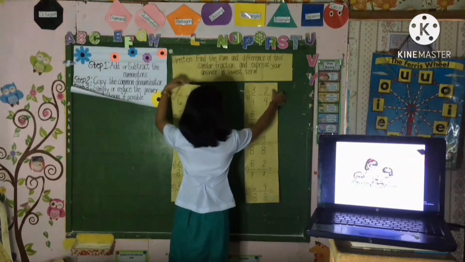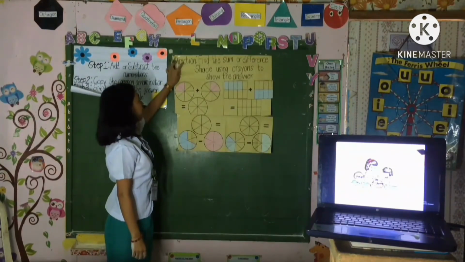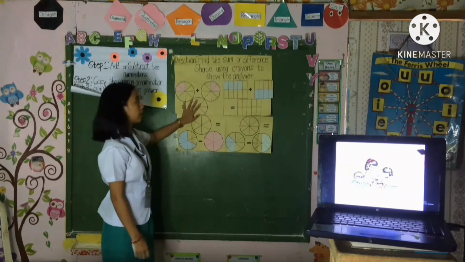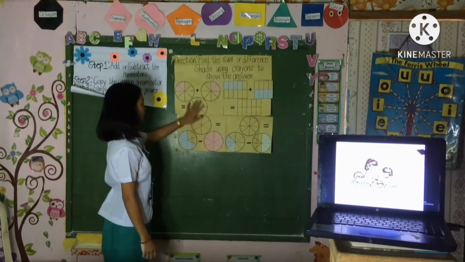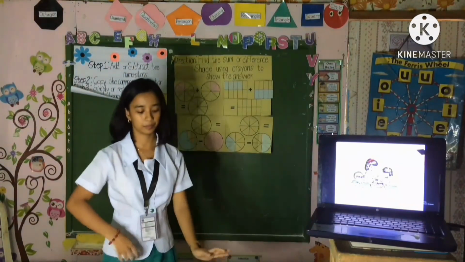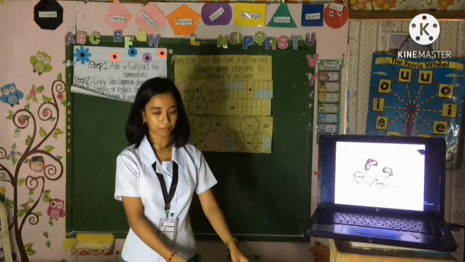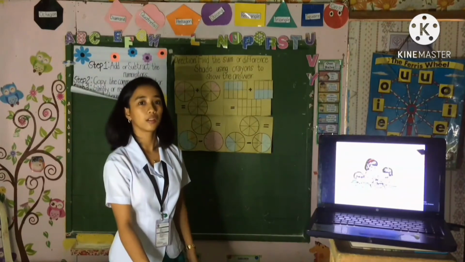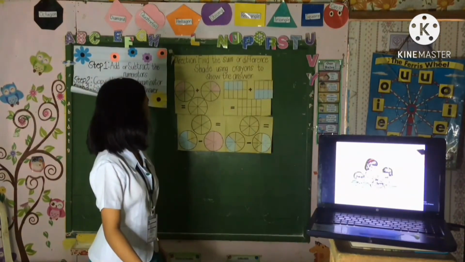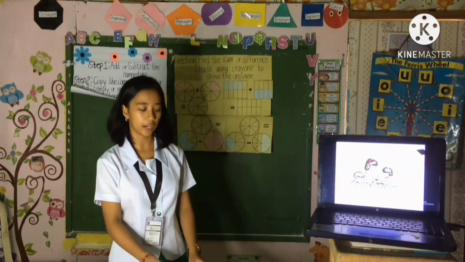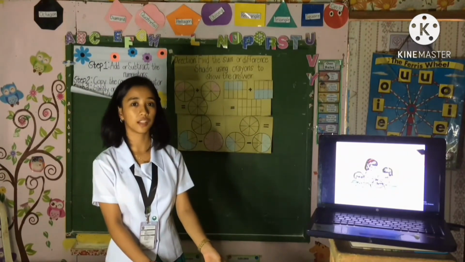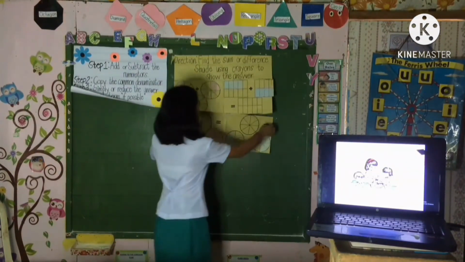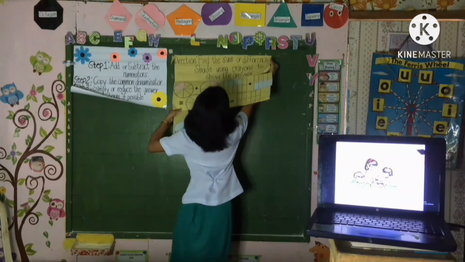Now let us proceed to your second activity. Find the sum or the difference. Shade using your crayons to show the answer. You may now start. Are you done? Okay, let us check your answer. Who got 8? Very good. 6. Now, pass your worksheet forward. I will record it later.